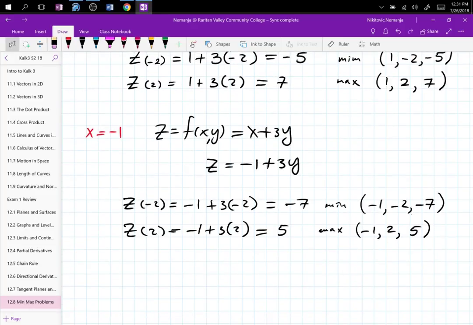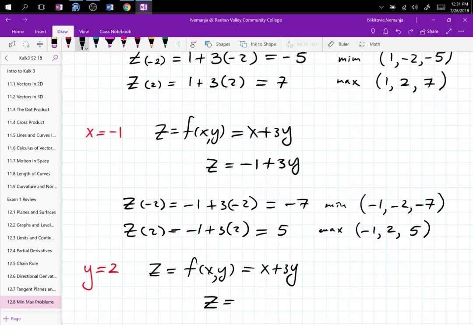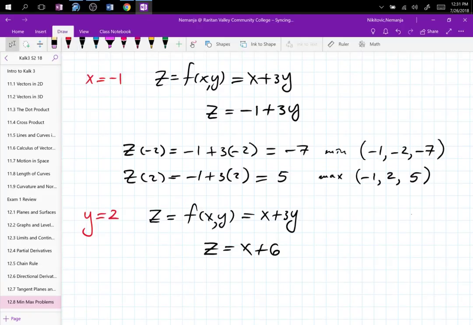Two more lines. We have a line y equals 2. When you have line y equals 2, your equation z equals f of x,y equals x plus 3y becomes z equals x plus 6. So now you are computing z at -1 and z at 1, because those are the x values that you have. So z at -1 is -1 plus 6, for a total of 5.